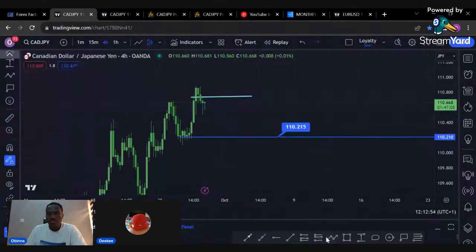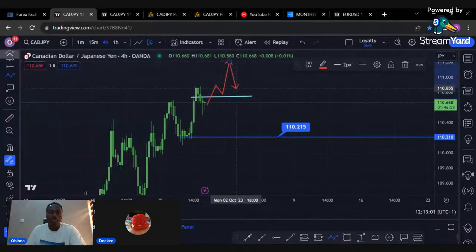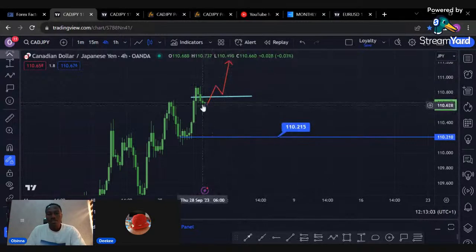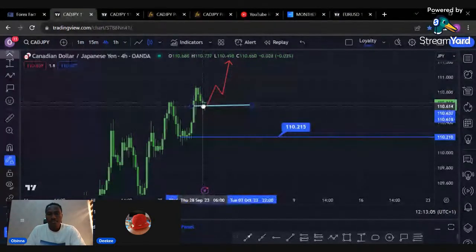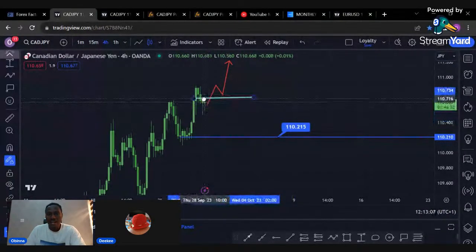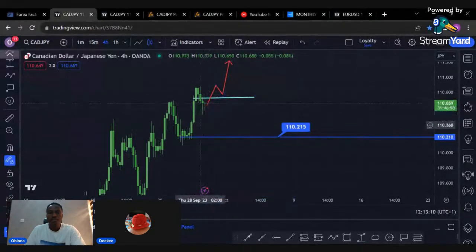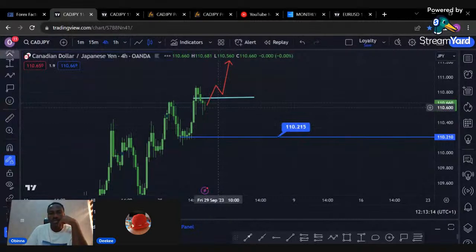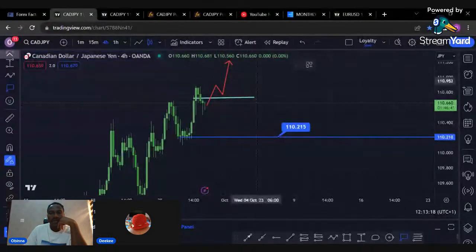So you want price to make a new higher low around here or break this higher high, retest to continue going up. So that's the second option. You want price to make a new higher low here or break the higher high that is existing at the moment, retest to continue going up. So that's what you want to see from a higher time frame perspective.